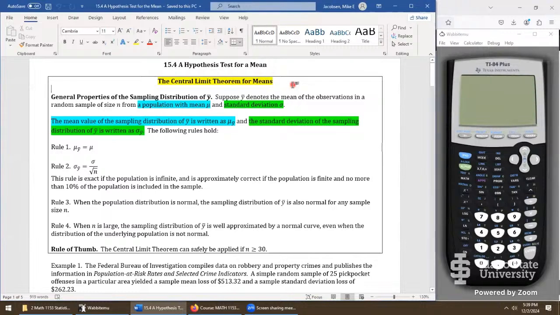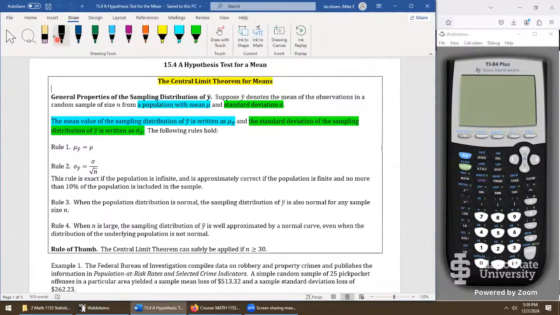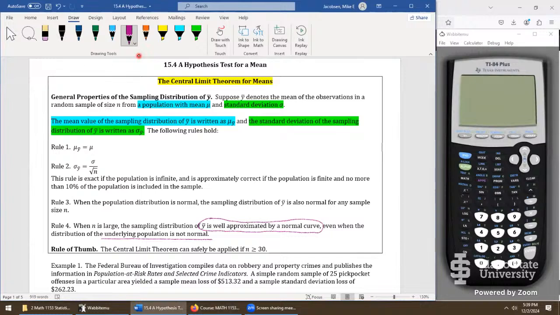So just to run through it, the big content of this central limit theorem is right here where they say your sample mean can be well approximated by a normal distribution, even when the underlying population is not normally distributed. The more skewed your underlying population, the larger your sample size n has to be to make the statement true. But that's the magic of the central limit theorem.